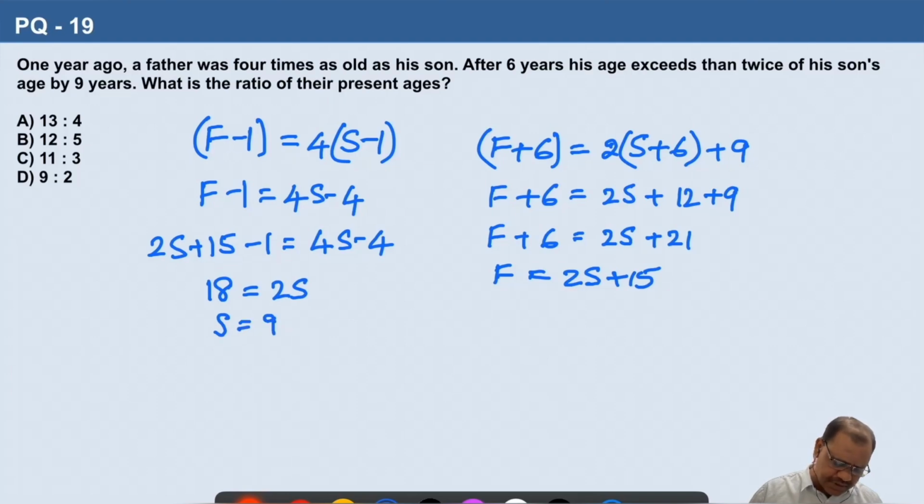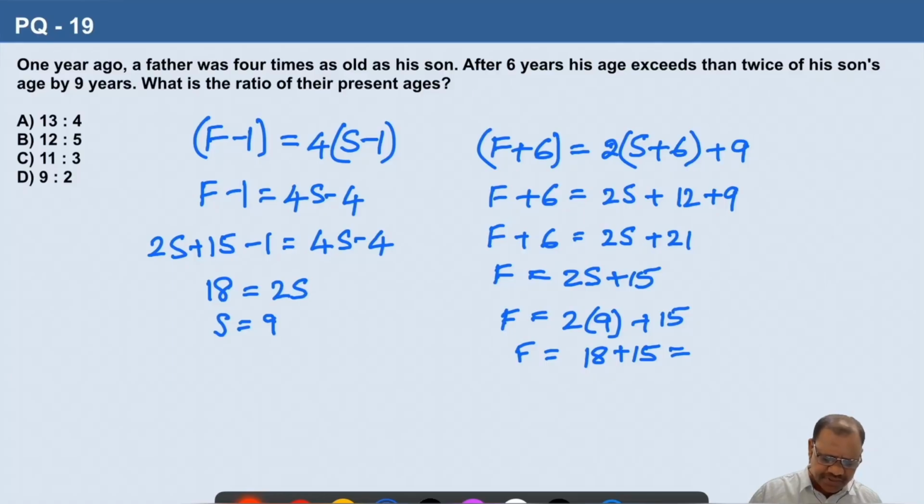So substitute the s value 9 in the second equation. So the father's age is 2 times 9 plus 15. So the father is 18 plus 15, which is equal to 33.